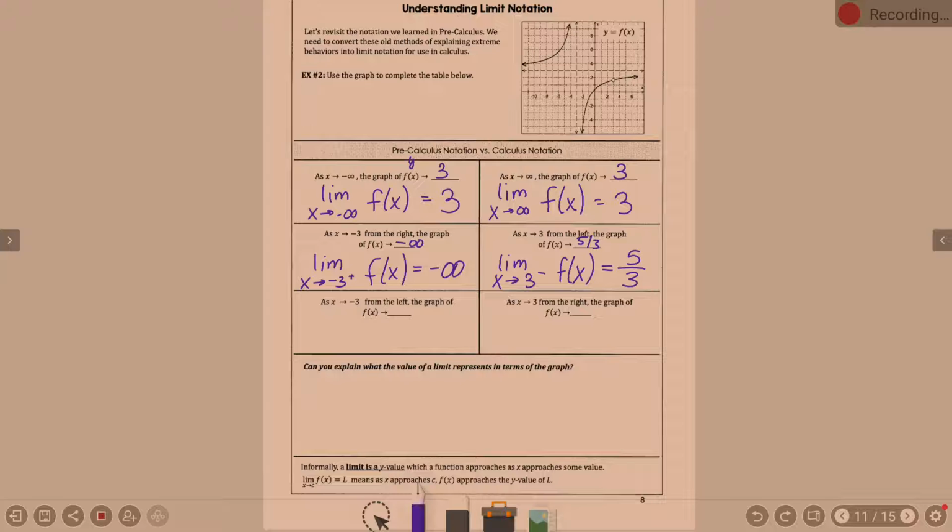Okay, now this is what you guys really wanted to answer last time. As x approaches negative 3 from the left, where are we going now? That's going to positive infinity. So the limit as x approaches -3 from the left of f of x is equal to positive infinity.